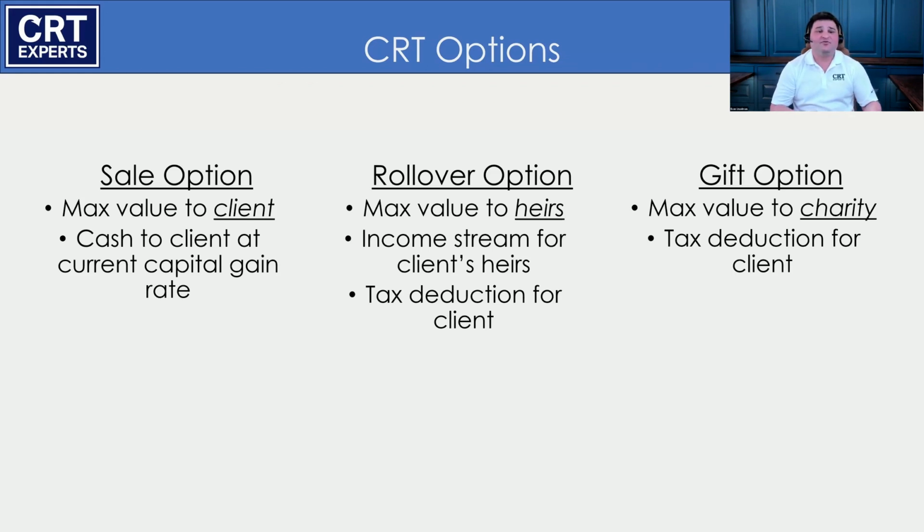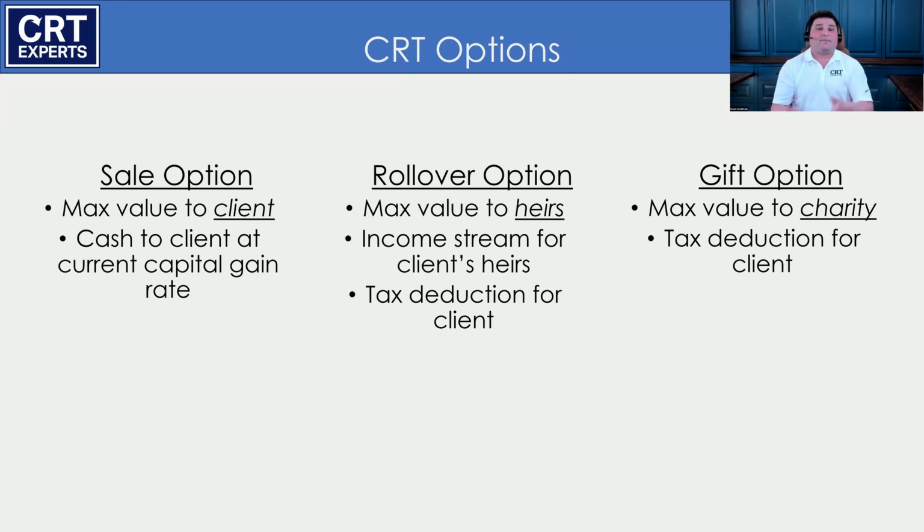So those three options, and let's look at these from a client standpoint: what's my goal as the income beneficiary of the CRT? If my goal is to maximize my own after-tax value, most dollars in my pocket, we're going to be looking at the sale option. If I'm looking at this from the perspective of my children, in a lot of cases, I don't want the taxable income my CRT is forcing me to take.